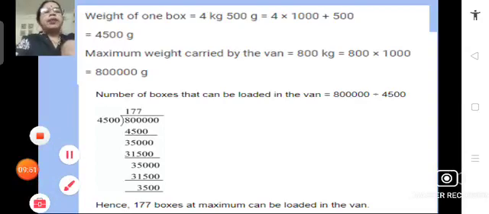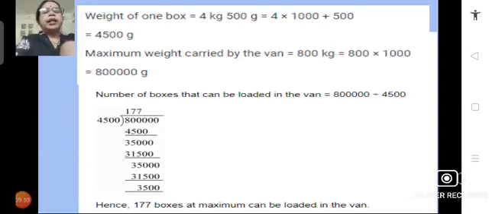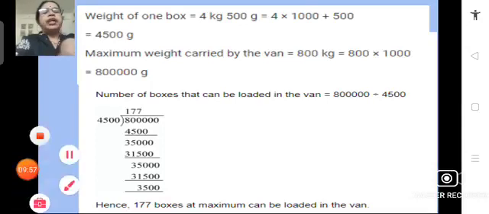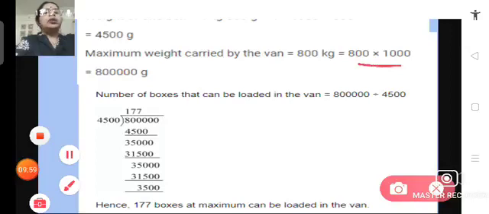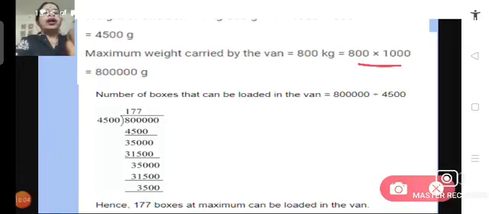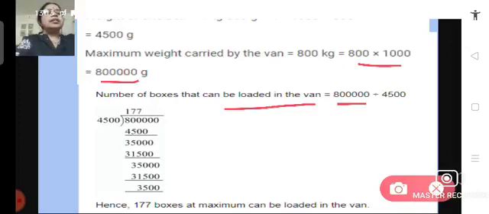And the maximum weight that can be carried by the van will be 800 kg, that means 800 into 1000, that means 8 lakh grams. So what will be the number of boxes that can be loaded in the van? To find this out, we divide 8 lakh grams by 4500 grams.